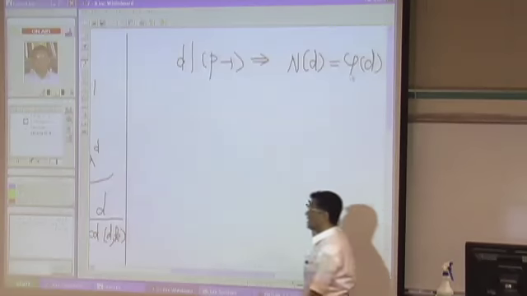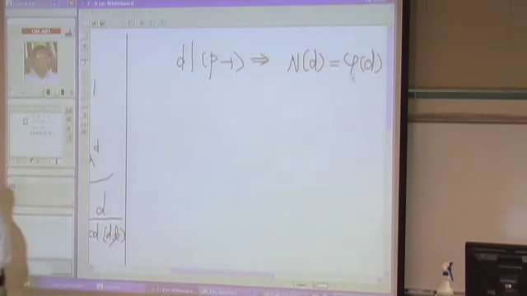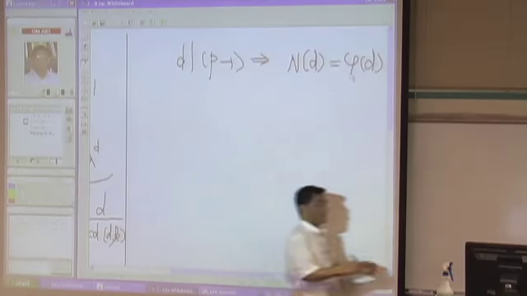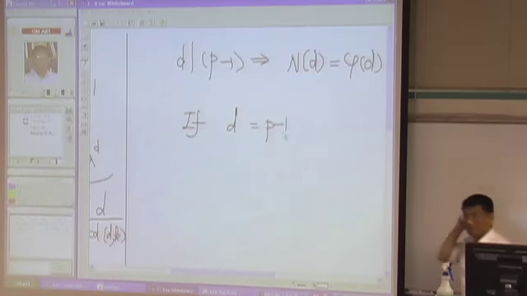The number of elements having order D is phi of D. That was the one that he proved, right? Then now, pick specific D. If D is equal to P minus 1, right? P minus 1 divides itself, right?